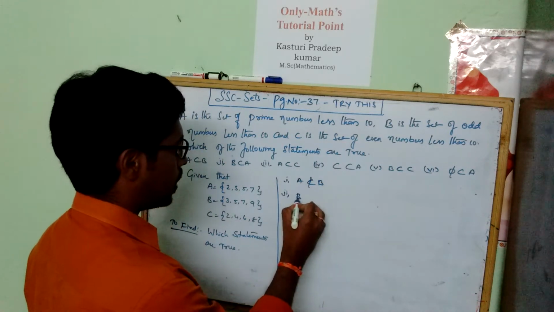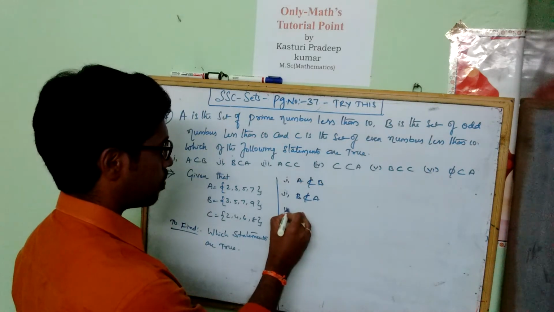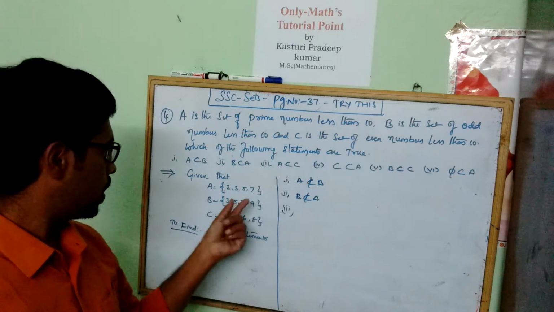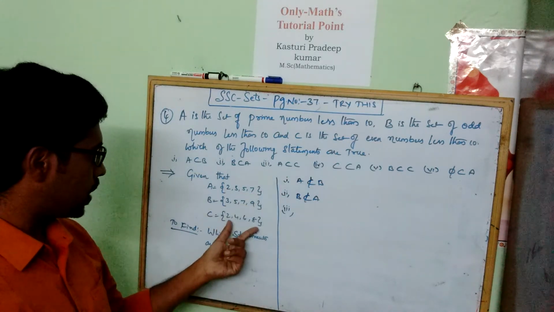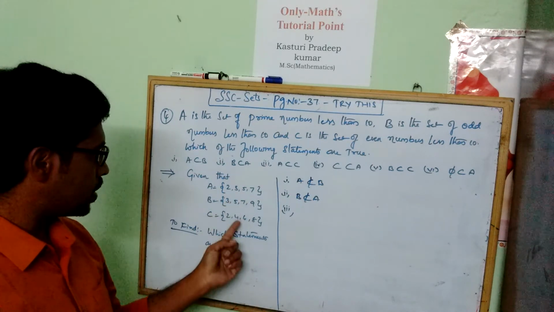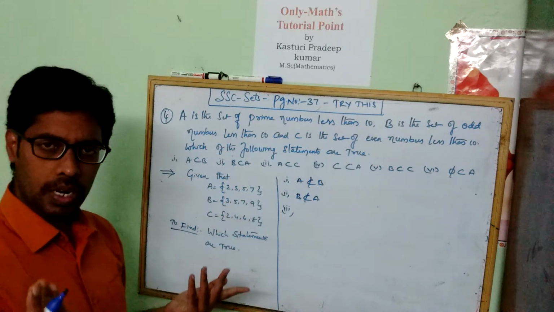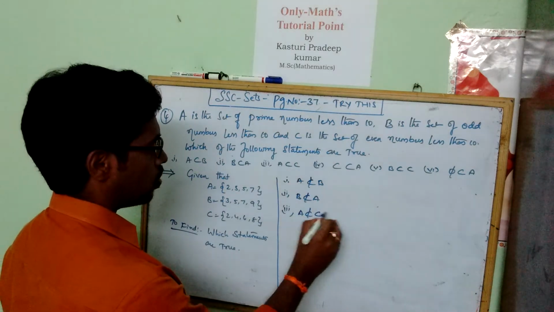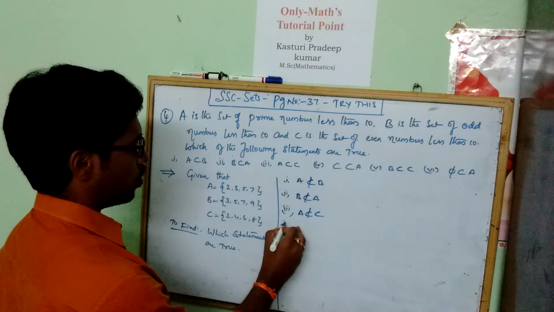B is not a subset of A. Third one, A is a subset of C. A is a part of C: 2 is there, but 3 is not there. Even with one element missing, we can directly say it is false.